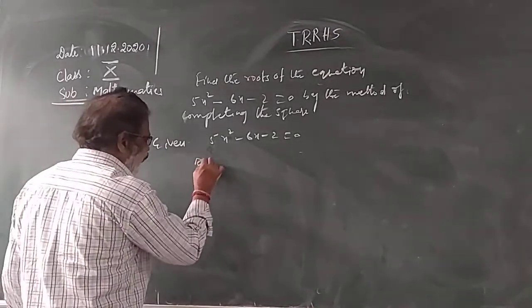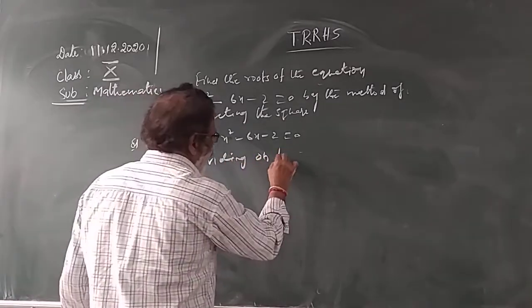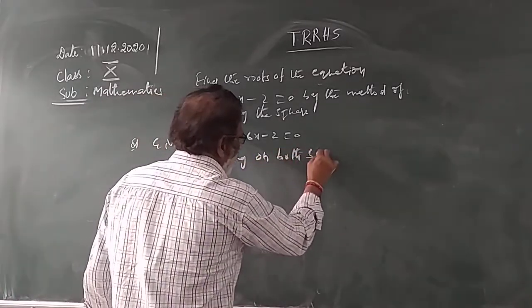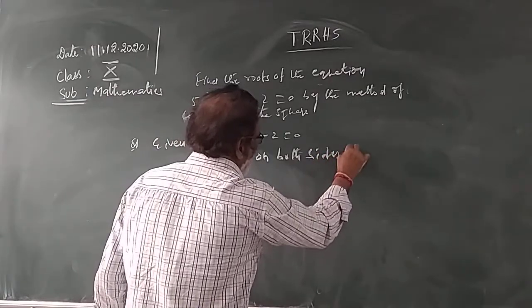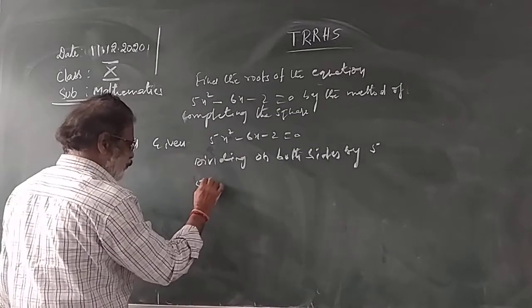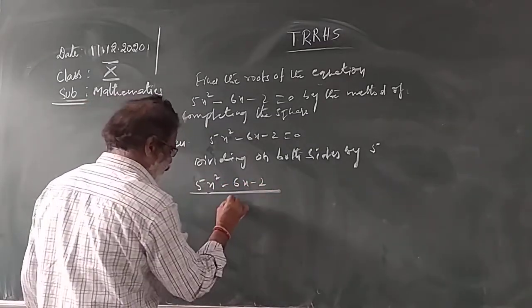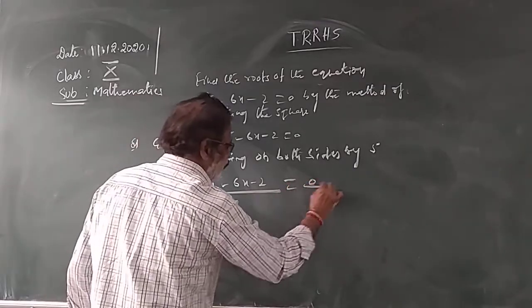So dividing on both sides by 5: (5x² − 6x − 2) divided by 5 is equal to 0.